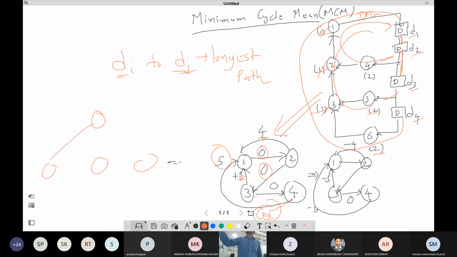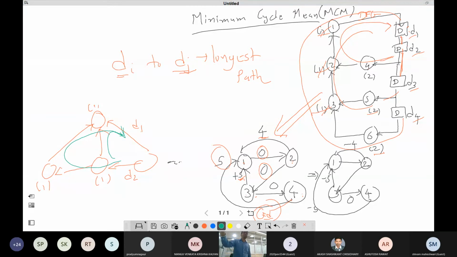If there is some graph, now if I consider this is D1, this is D2. So now this D2 to D1, I can go through this as well as I can go through this.